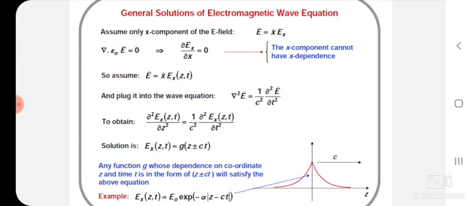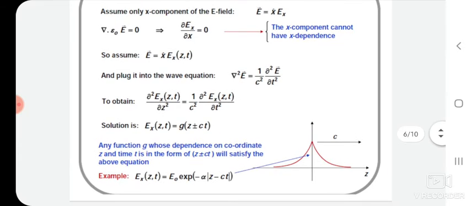And the solution of this kind of equation is Ex(z,t) is equal to g of z plus or minus ct. Okay, any function g whose dependence on coordinate z and time t is in the form of z plus or minus ct will satisfy the above equation.